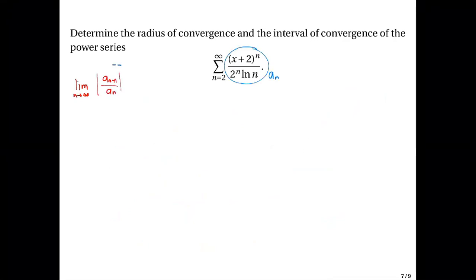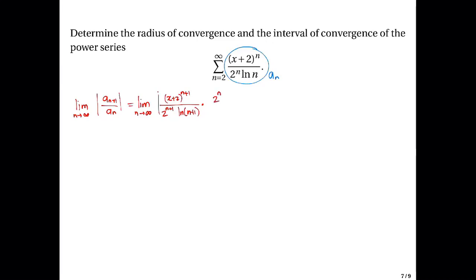I think I will have to adjust this to a lower location. Yeah, this one is fine. And then we plug in: limit as n approaches plus infinity, absolute value, you have x plus 2 quantity raised to n plus 1 divided by 2 to the n plus 1 ln of n plus 1, times 1 over a sub n, so we take the reciprocal of this.